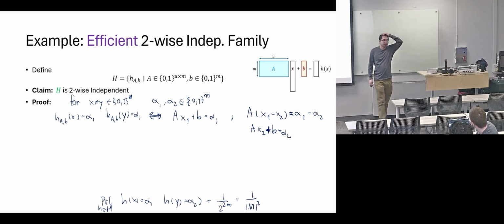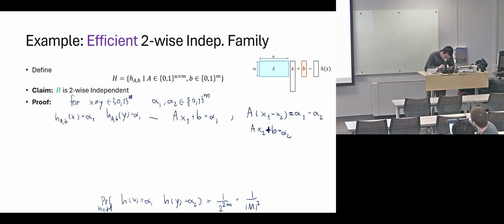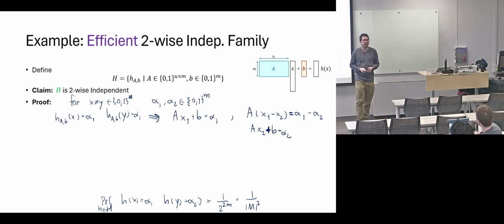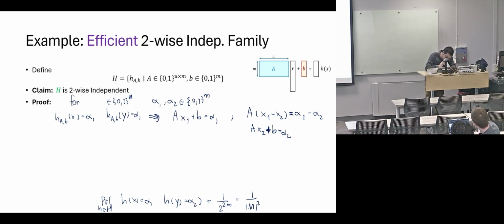Maybe I just said this here. If this happened, then you have all of this thing. Sorry, what is x2? Oh sure, sorry, I mean y. Let me say x2, so that we have x1 and x2, because I used alpha 1 and alpha 2.